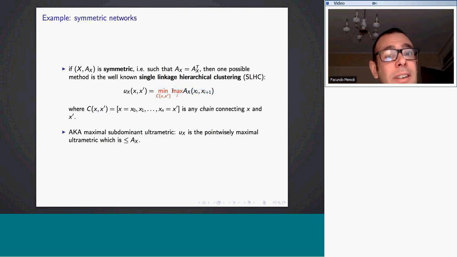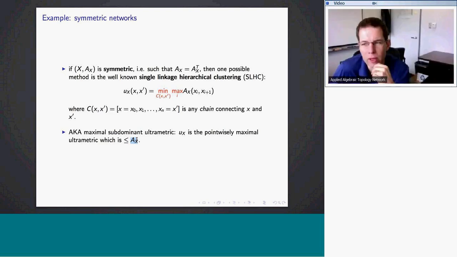The number assigned to every chain connecting x and x prime is then minimized over all the chains from x to x prime. In this way one can define the ultrametric U sub X on X, and this is known as the maximal subdominant ultrametric: U sub X is, in a pointwise sense, the largest ultrametric which is bounded above by A sub X, the given dissimilarity.